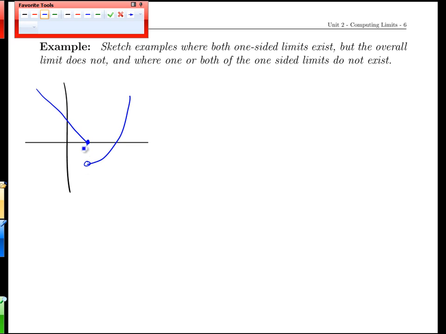So in an open circle here, we have this kind of graph. Here, the limit as x goes to 1 from the left exists. It would be this point here. We'd go down towards that point there. The limit as x goes to 1 from the right would exist. It would be the point we'd end up at following the curve down this branch, but they're not equal.